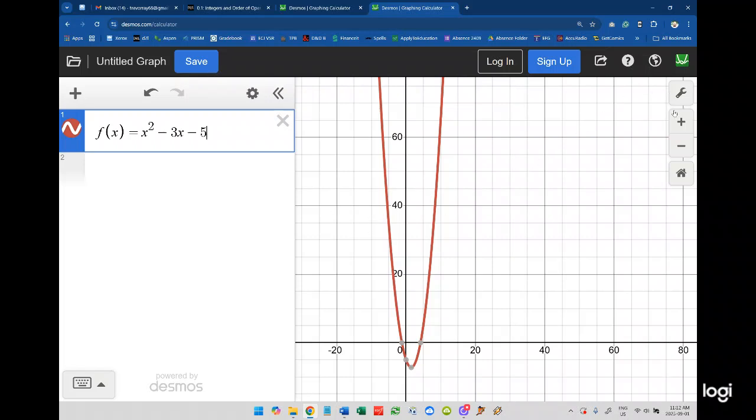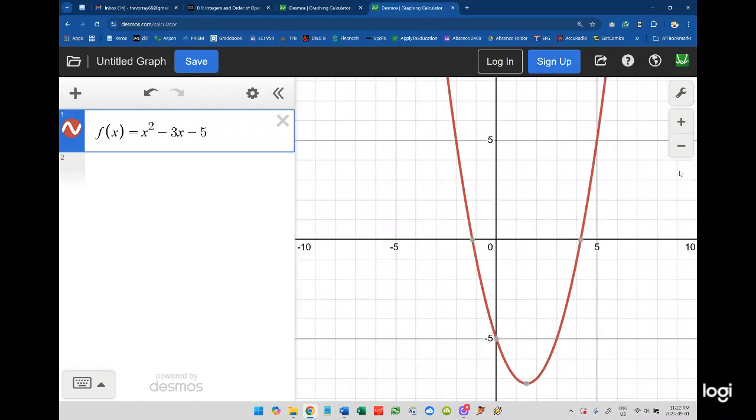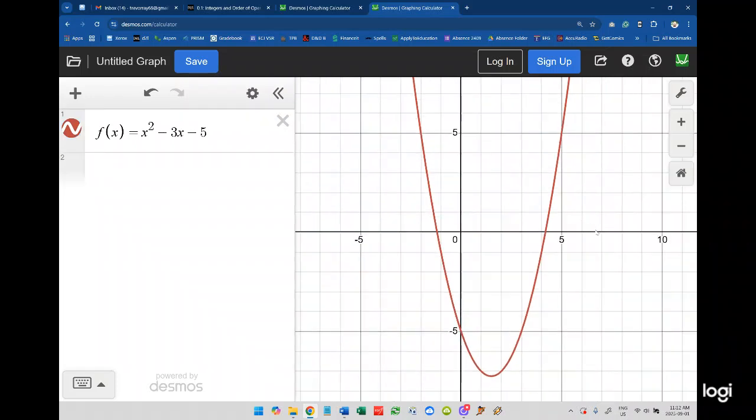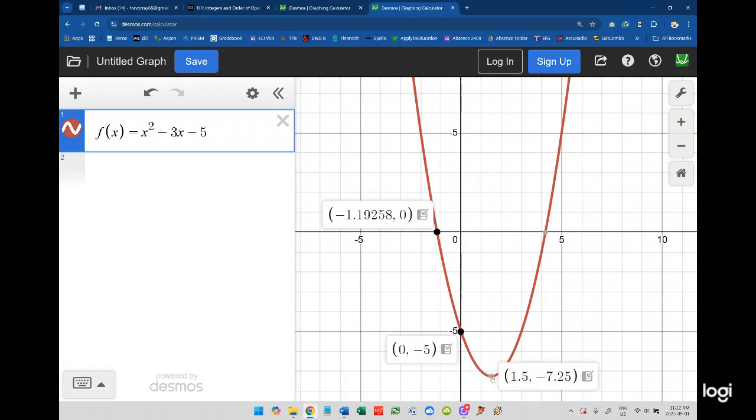Oh, by the way, if you ever want to go back to home base, just click on the home button there, and it'll give you the default view. And if I click on the graph here, you'll notice that little gray dots show up in certain places. So there's one there, and one there, and one there, and one there. I think those are the only 4.